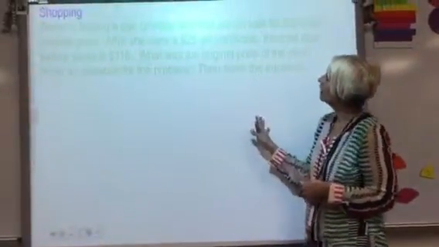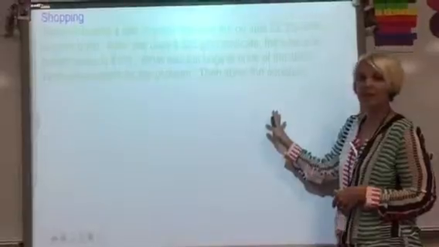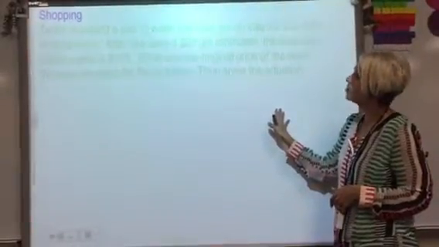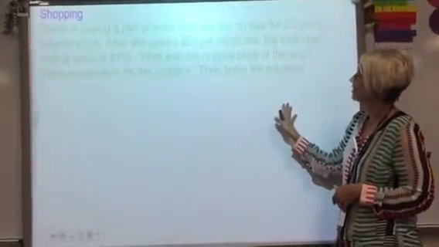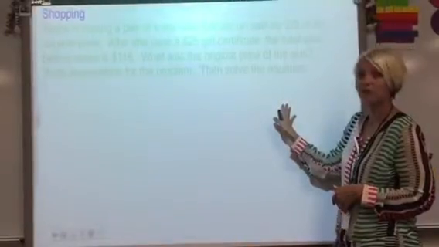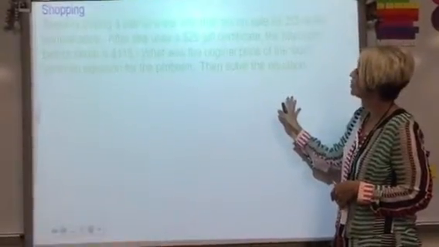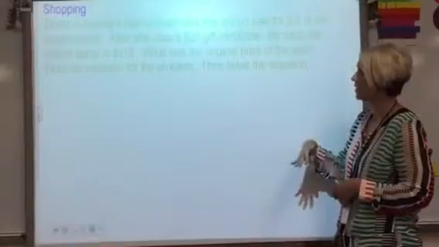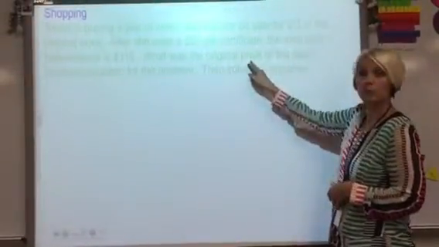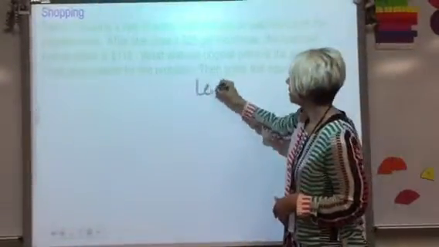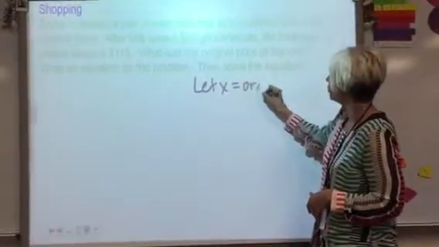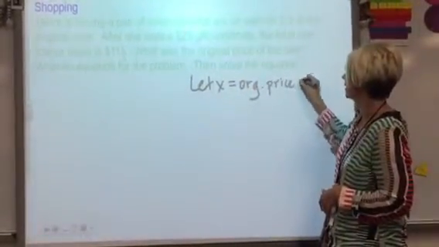Now, Taylor is buying a pair of water skis that are on sale for 2/3 of the original price. After she uses a $25 gift certificate, the total cost before taxes is $115. What was the original price of the skis? We're going to write an equation and then solve it. Well, this tells us what we want our let statement to be. Let x be the original price of the skis.